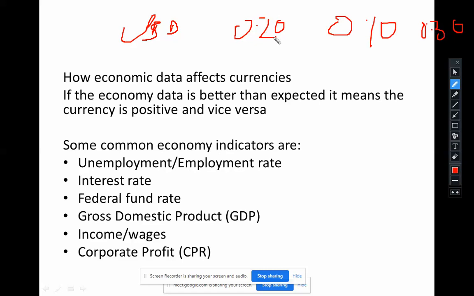This is the actual that came up immediately the time has reached.